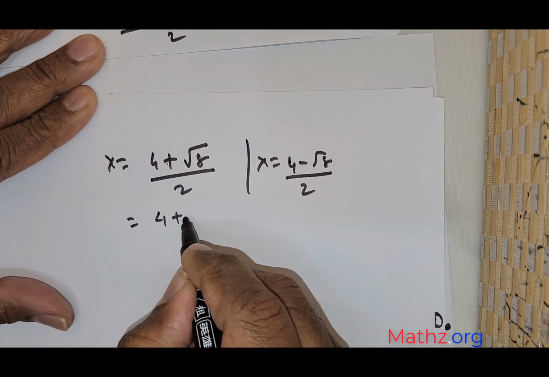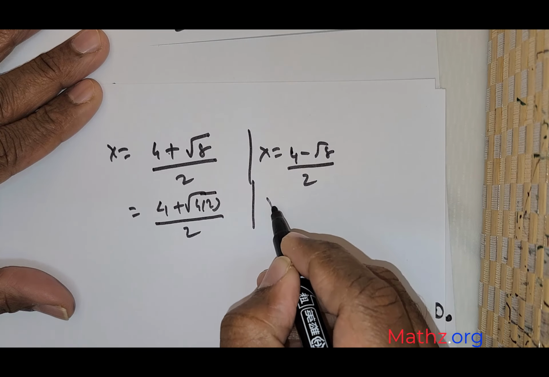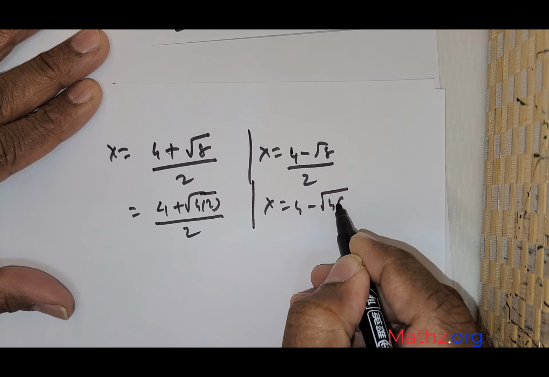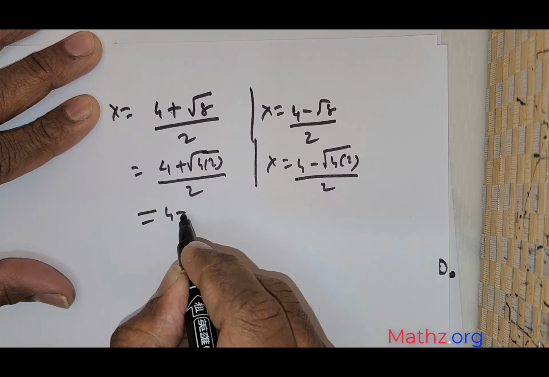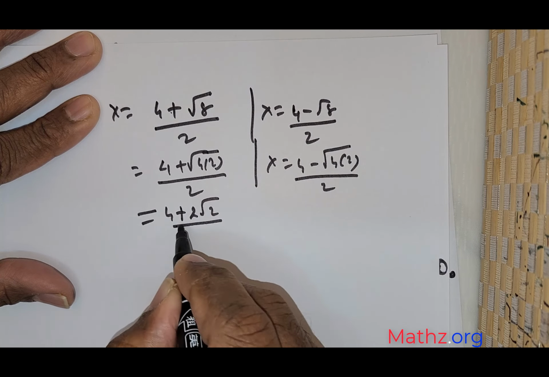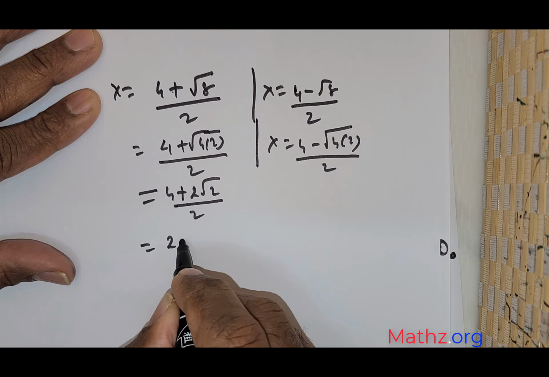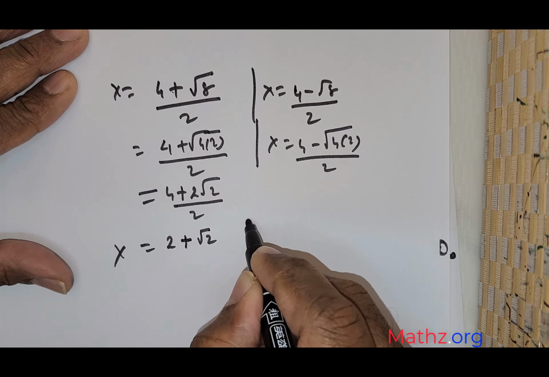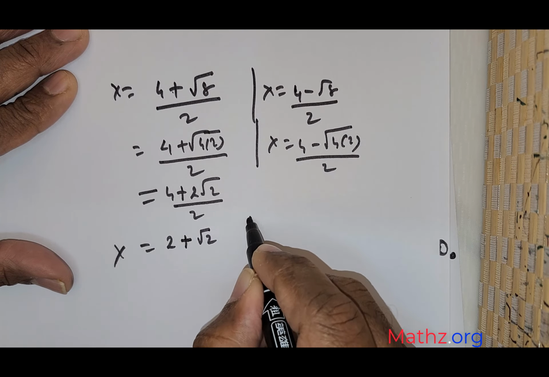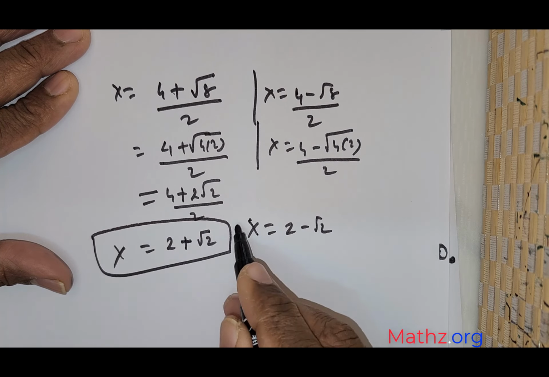So this is (4 + √(4 × 2))/2, and similarly (4 - √(4 × 2))/2. So this would give me (4 + 2√2)/2. I can take out the 2, giving me 2 + √2. This is one value. The other value would be x = 2 - √2. So two values are got.